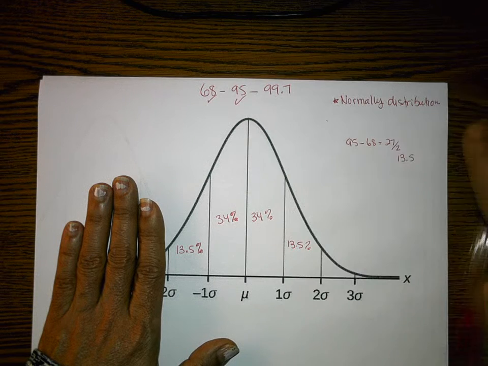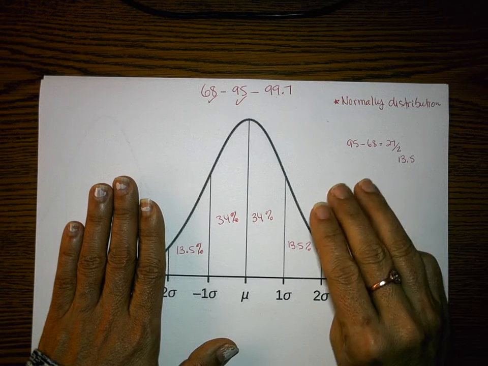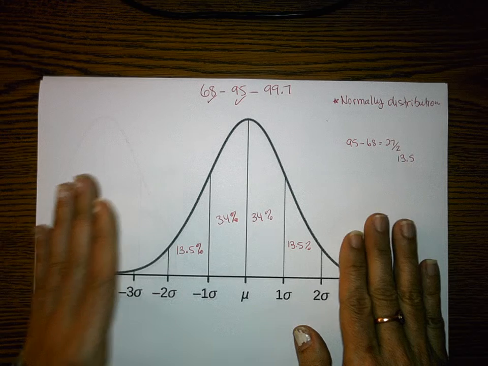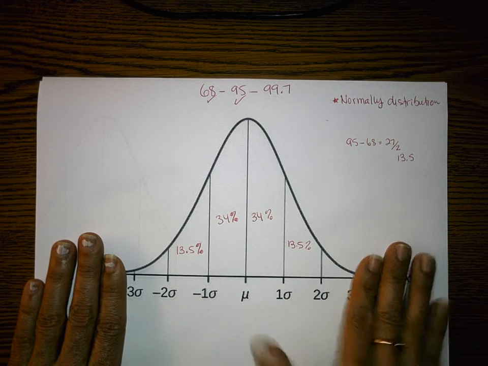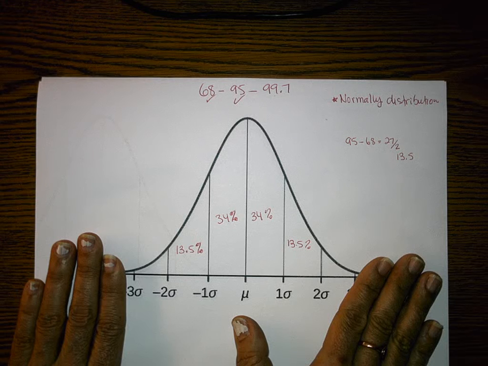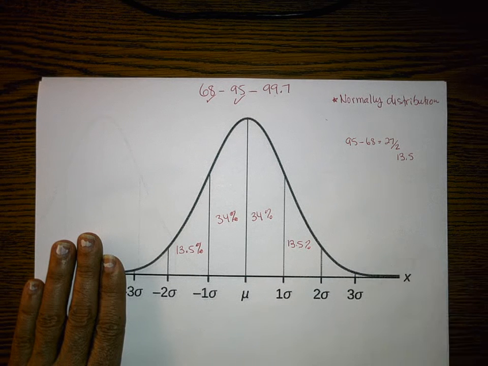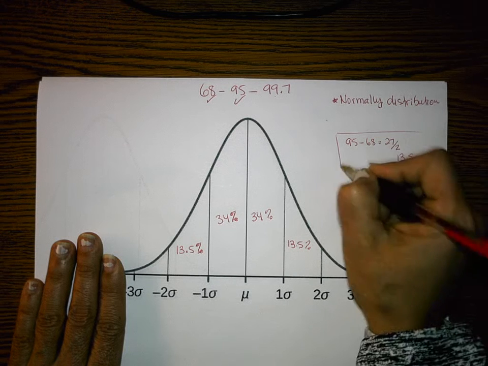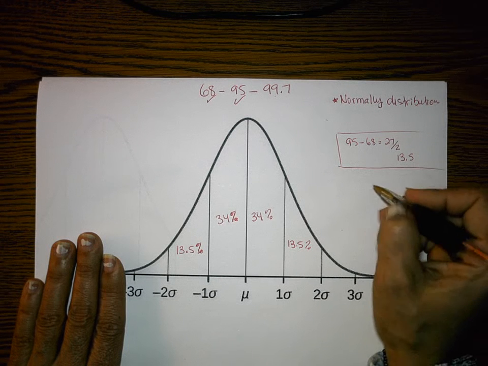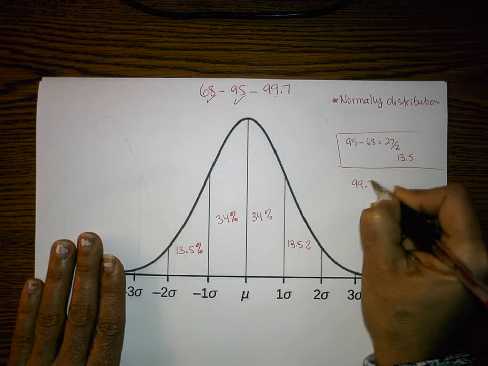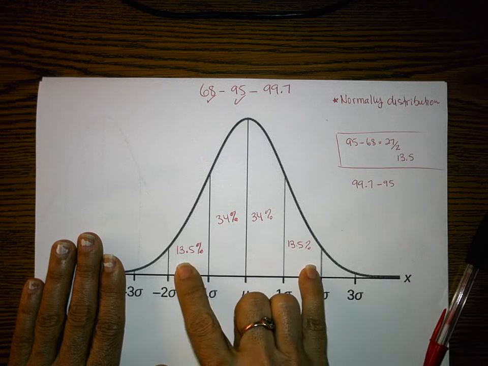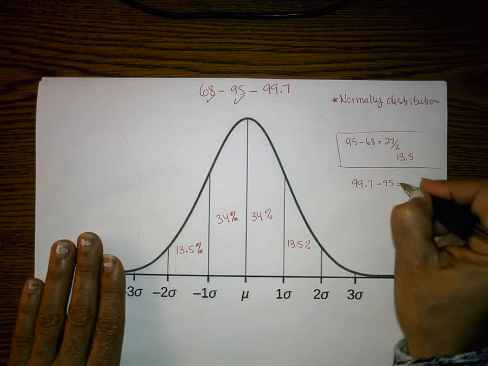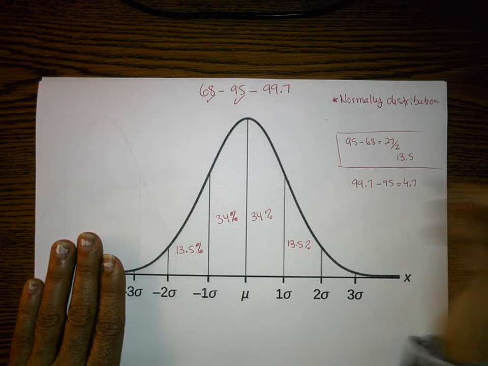Now the third number tells me 3 standard deviations. So within 3 standard deviations from the average, from the mean, I will have 99.7% of my values. So 99.7, we already did a little math here, we need to do another one. 99.7 minus the 95% that I already covered gives me the leftover of 4.7.